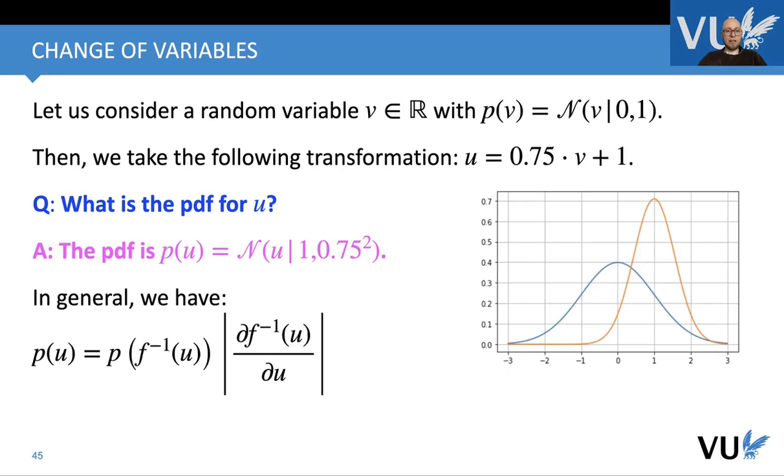The principled way of calculating that is given by the change of variables formula. It tells us that if we have a distribution P of u, and we have a transformation f, and this transformation is invertible, we can calculate the new distribution by taking P of f inverted of u, and then multiplying by the absolute value of the determinant of the Jacobian matrix.